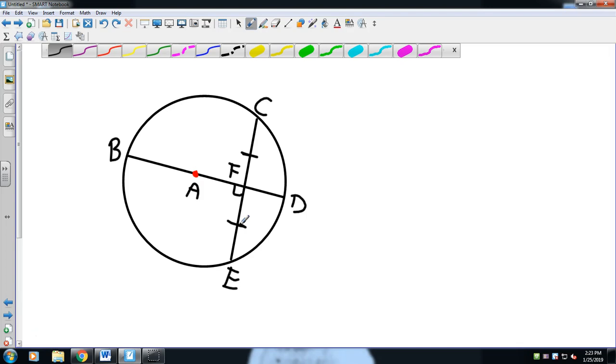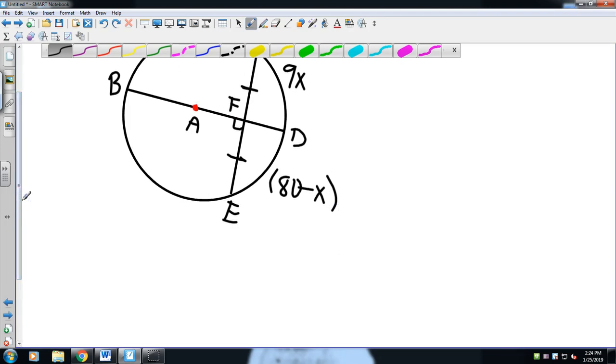And so let's say that CD is going to be 9x, and that DE is going to be 80 minus x. And so if they wanted us to solve for x, then we would just take those two things and set them equal to each other.